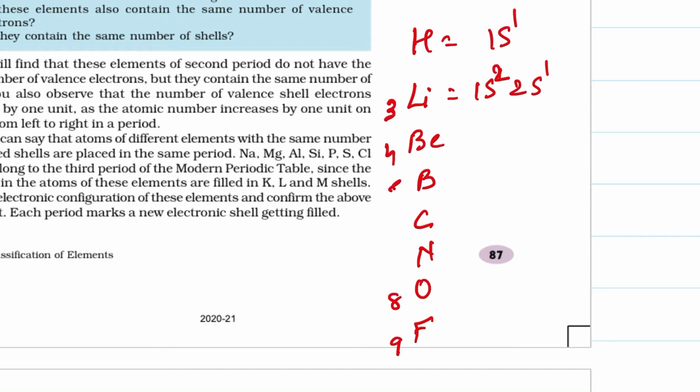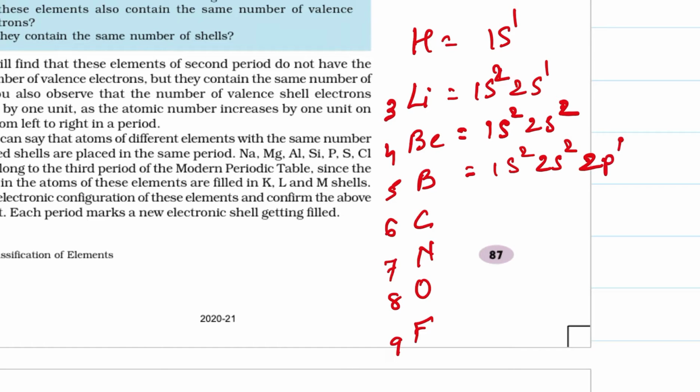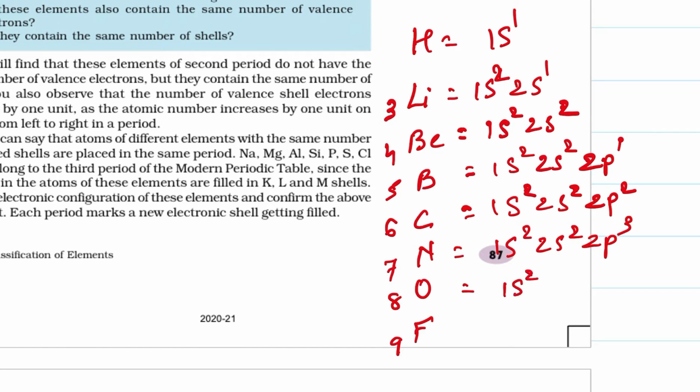So if you write here 1s2, 2s2, then 1s2, 2s2, 2p1, then 1s2, 2s2, 2p2, then 1s2, 2s2, 2p3, then 1s2, 2s2, 2p4, 1s2, 2s2, 2p5.